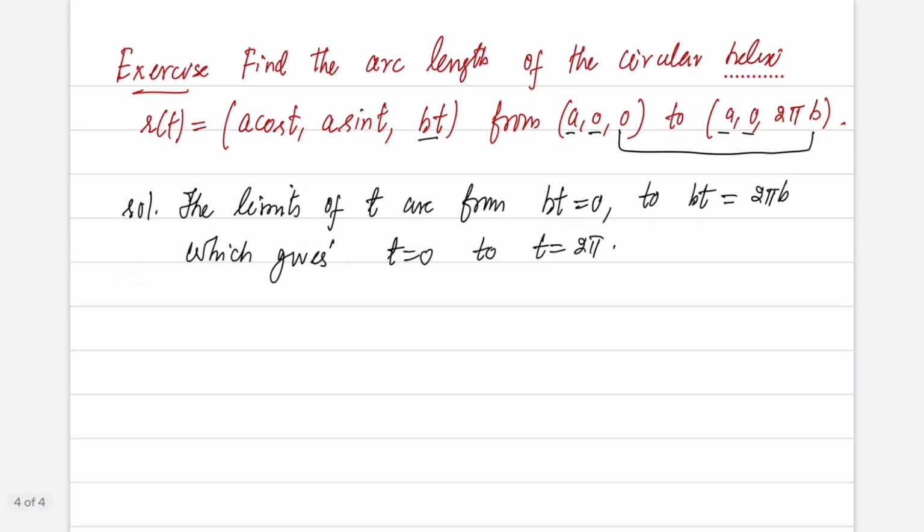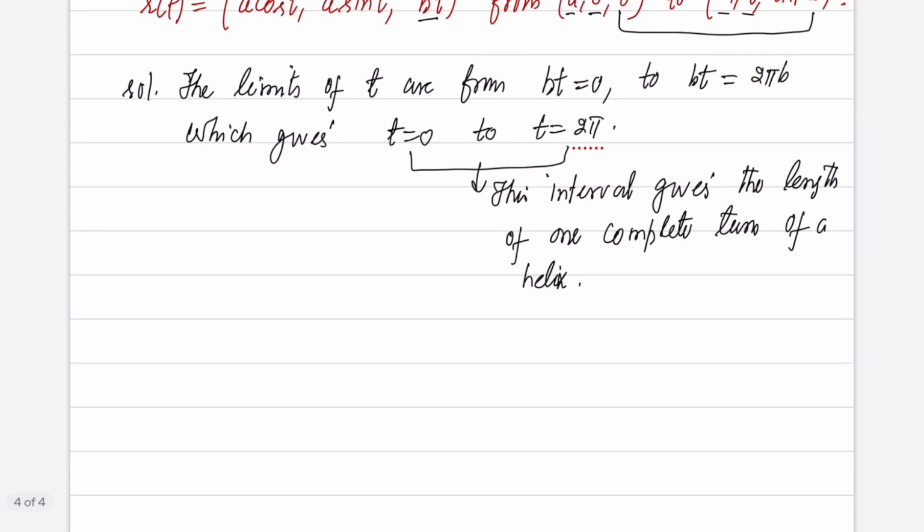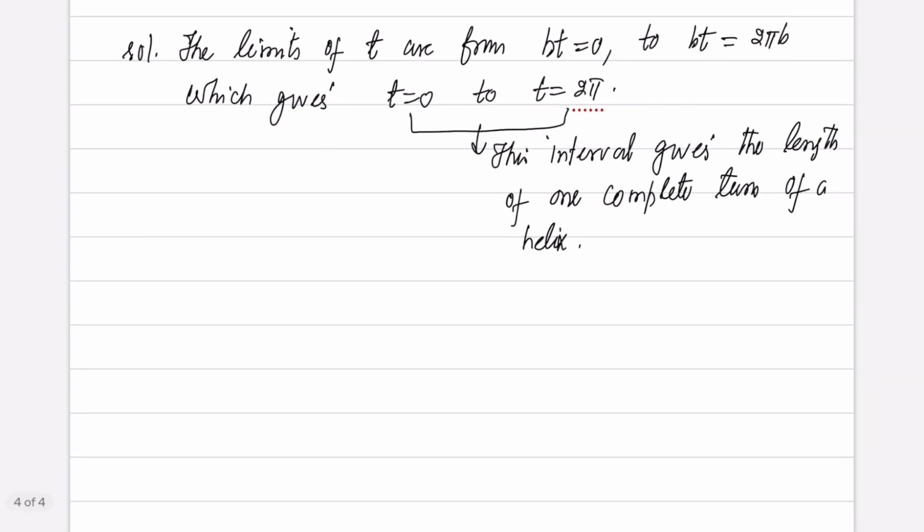Now, as we know, from 0 to 2 pi we have one complete rotation of a circle. So this question can also be asked in this way: find the arc length of one complete turn of a helix. This interval gives the length of one complete turn. In fact, the circular helix means a helix which is drawn on the right circular cylinder. To understand this more nicely, we can draw it like this.